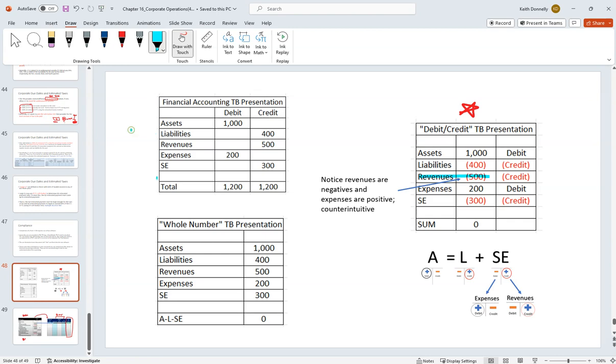So how do we go from what you see in the book to what you're going to see in practice? First off, get rid of the idea that it's going to be in two columns. Start with the fact that it's going to be a single column. And how do we make sure that it balances? Right here it balances, it's a little off balance seesaw, but just hang in there with me.